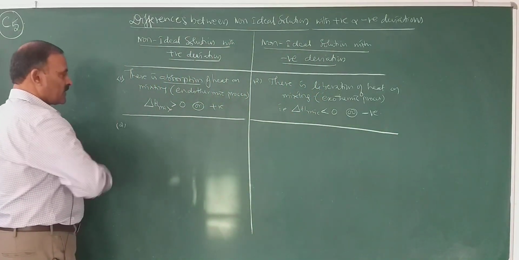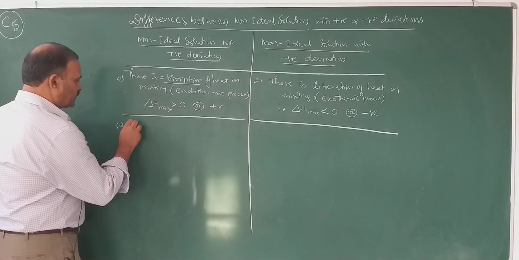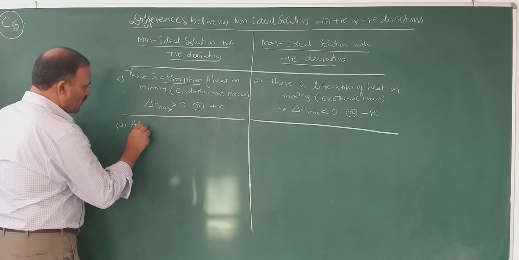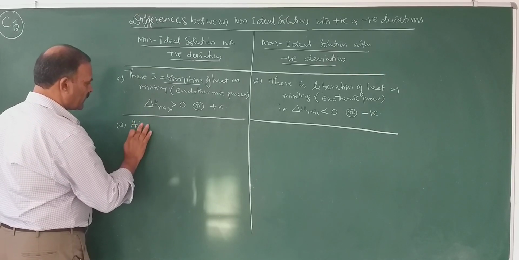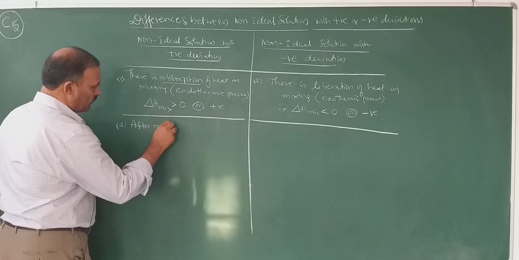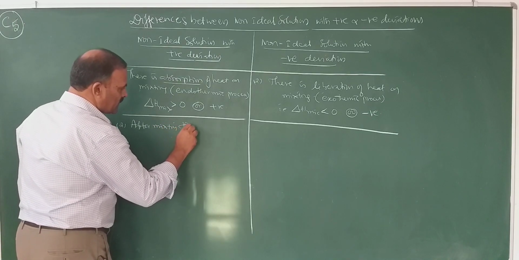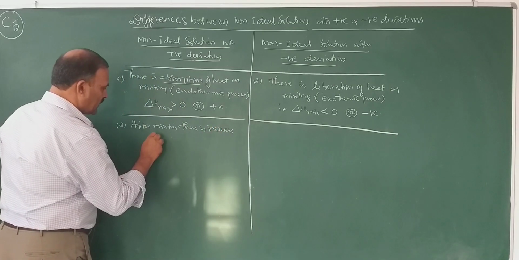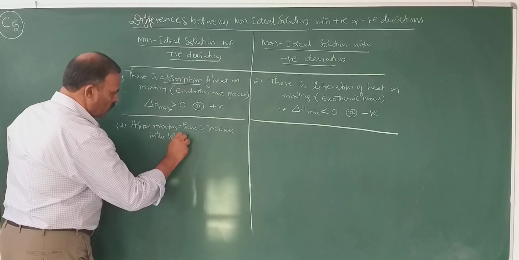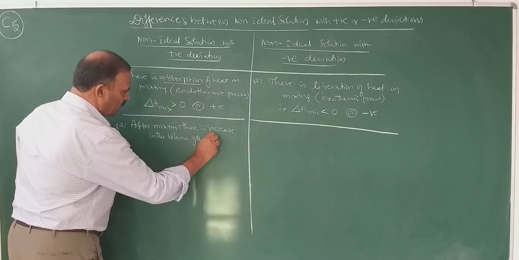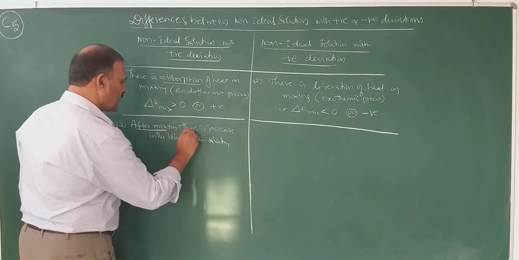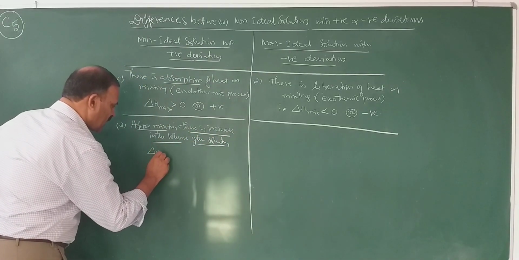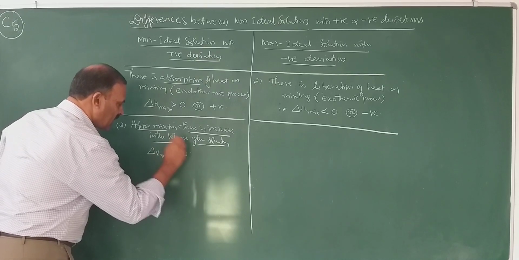Second difference is, after mixing, there is an increase in the volume of the solution. After mixing, there is an increase in the volume of solution, that is delta V mixing is greater than 0.